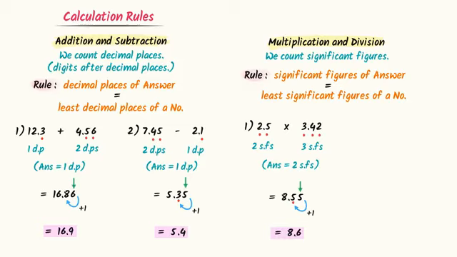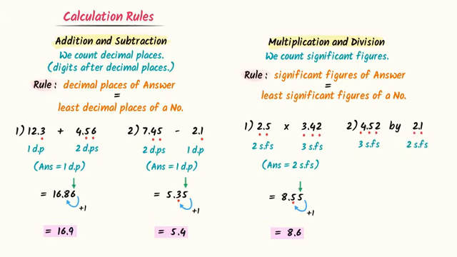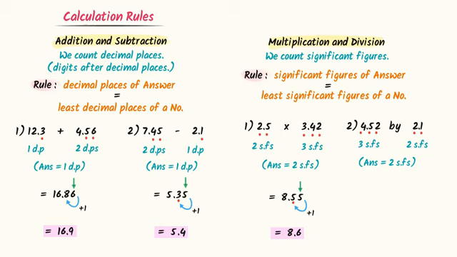The second example is 4.52 divided by 2.1. Here 4.52 has 3 significant figures and 2.1 has 2. The least significant figures are 2. So the answer needs 2 significant figures. After calculation, I get 2.152.